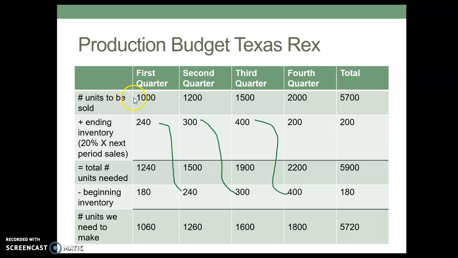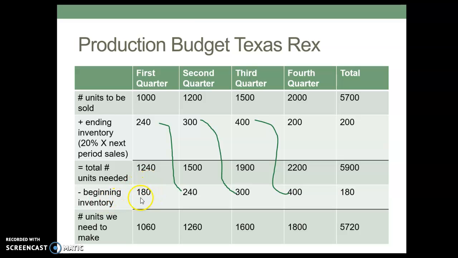Okay, now I add the units that I plan to sell plus the units that I want to have in the ending inventory. And so that's 1,240. This is the total number of units that I need to make sure are available: 1,240 for the first quarter, 1,500 for the second quarter, etc. Then I'm going to subtract out what I already have, which is the beginning inventory.